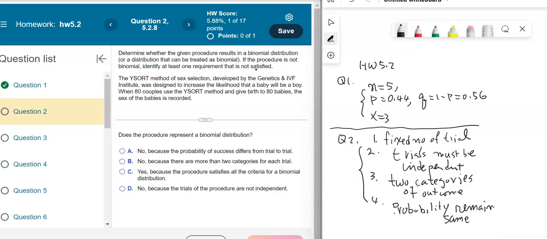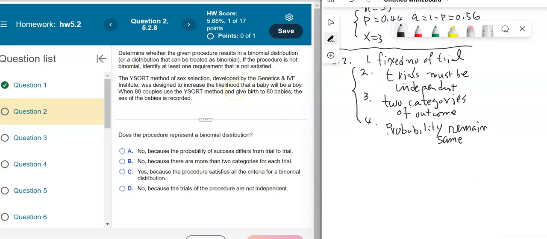So if you look at it, when 80 couples use the Y-sort method and give birth to 80 babies, the sex of babies is recorded. Now, in this case, n equal 80, fixed number of trials, and then they must be independent. Yes, one baby's sex does not affect the other.